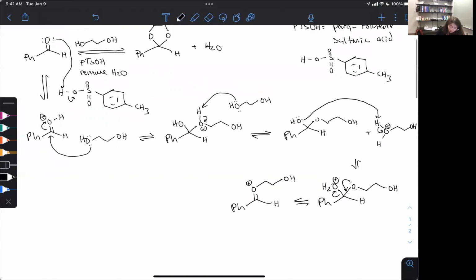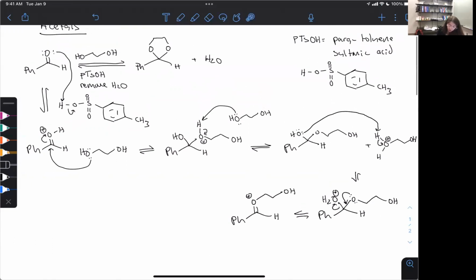Okay, so it might be tempting to do what we did in class and bring in another equivalent of ethylene glycol to do this type of move again, but it's actually going to take longer for one of the ethylene glycol molecules to come in rather than use this alcohol that's already present in the molecule, especially because this is forming a five-membered ring.